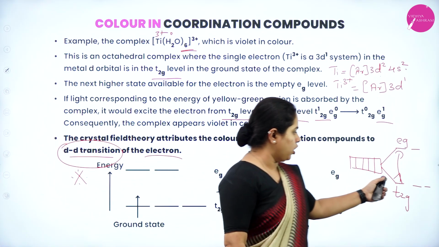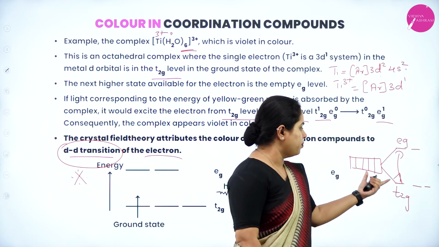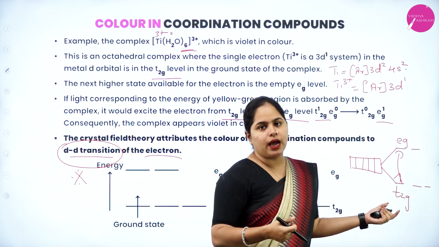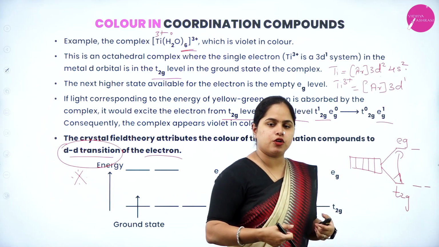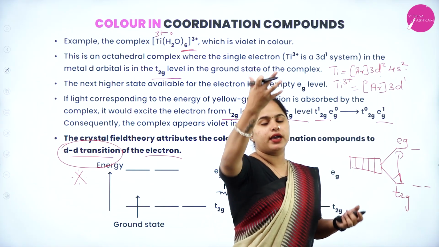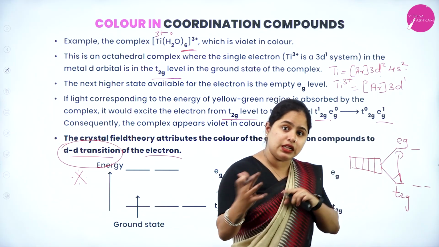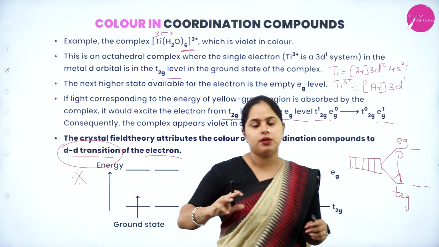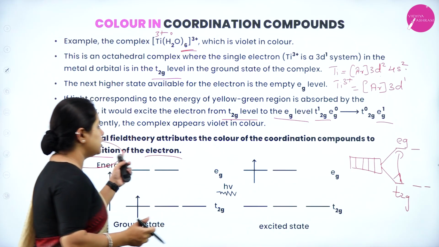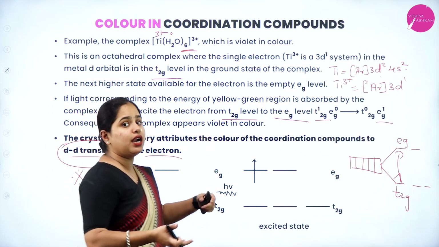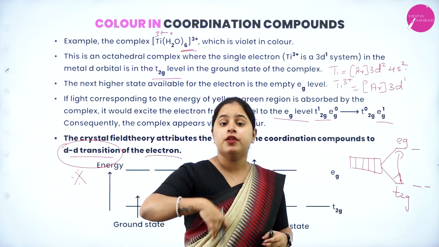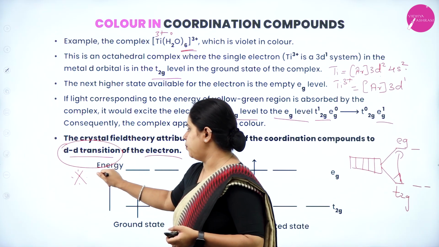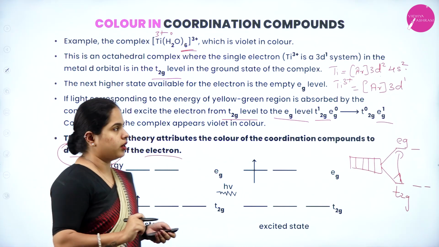That means the electron moves from a lower d orbital to another d orbital, absorbing electromagnetic radiation and gaining energy. Based on which color is absorbed, the complementary color is shown by the coordination compound. This point is very, very important.